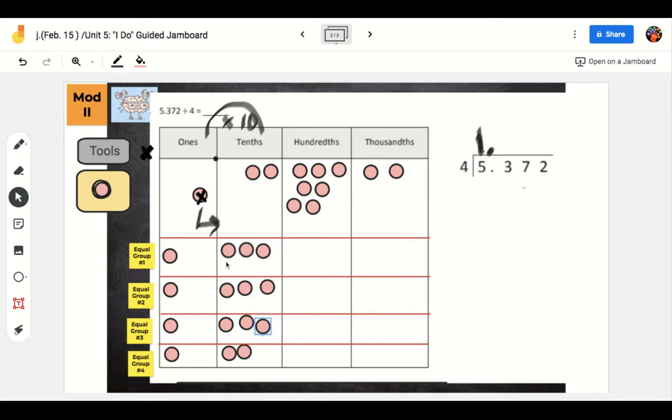Notice I'm going with each row, one after the other. 3 groups of 4 with 1 left over. So I'm going to keep on working, but I'm going to show my math thinking. 3 tenths.